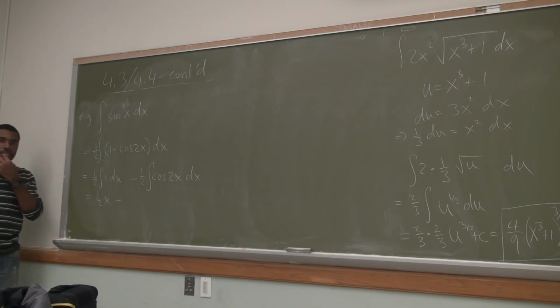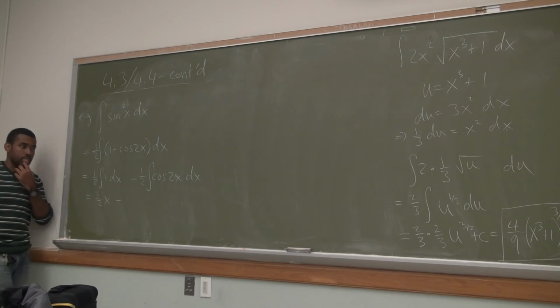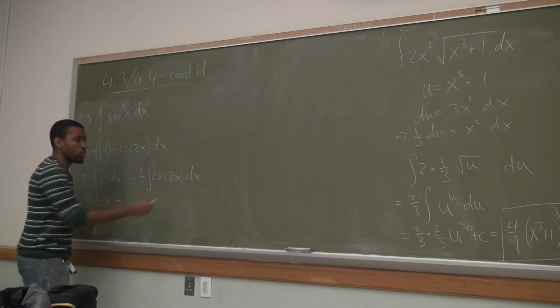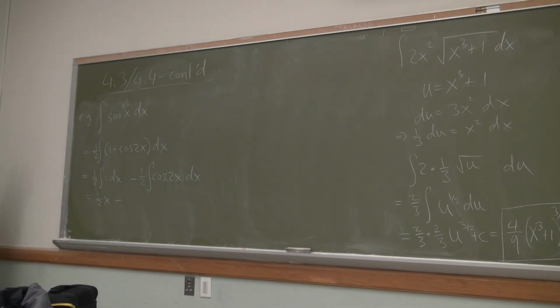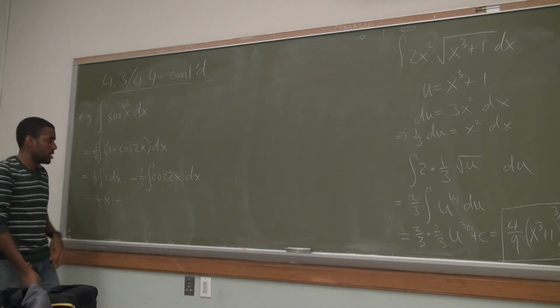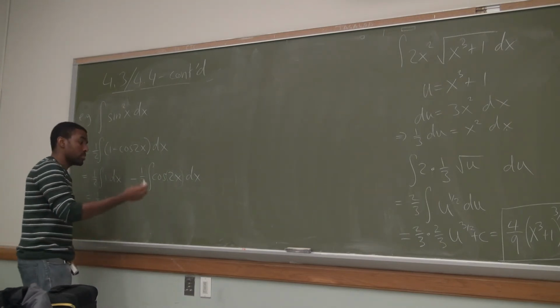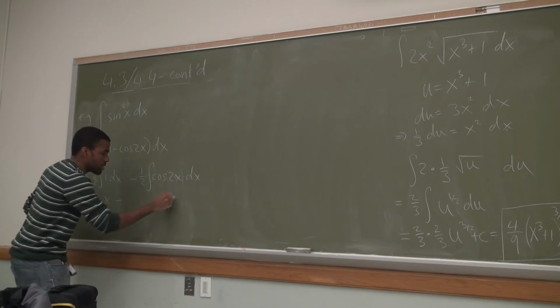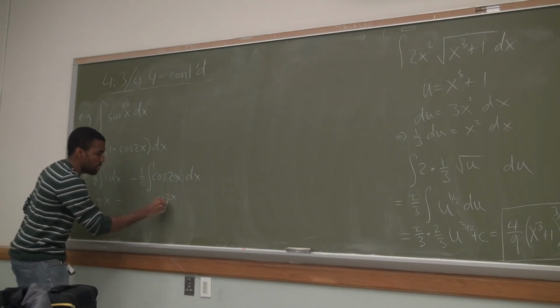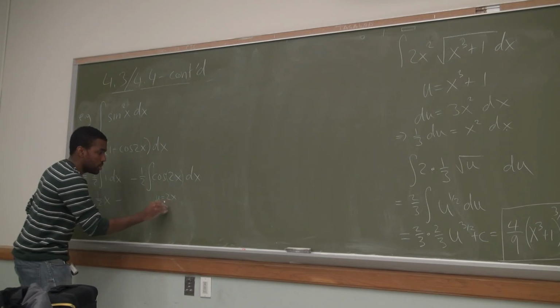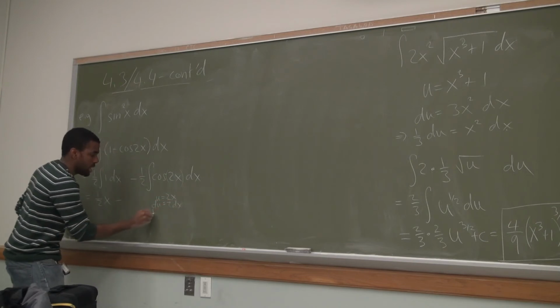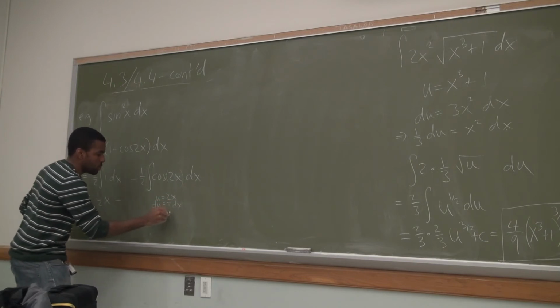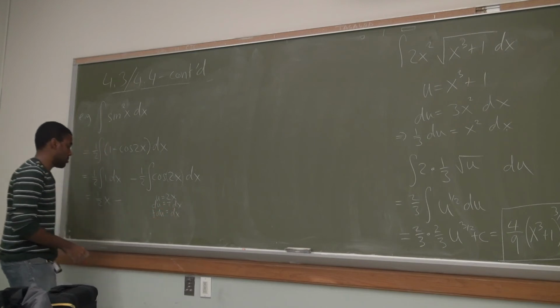Cosine 2x. It's not just cosine of x anymore, it's cosine of 2x, a composite function. So what I would do for this one is u equals 2x, so my du would be 2 dx, and so 1/2 du would equal dx.